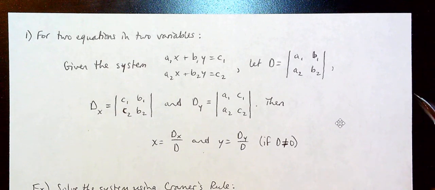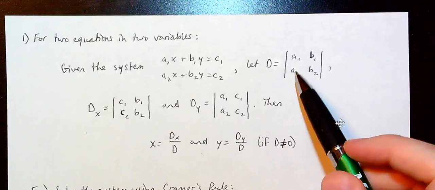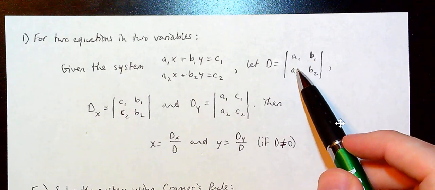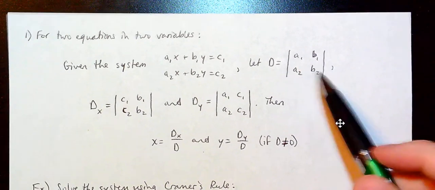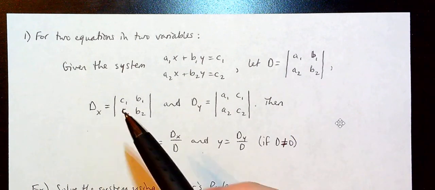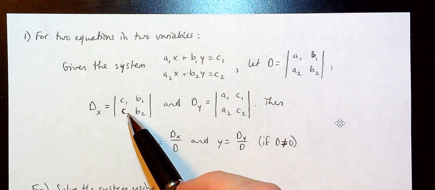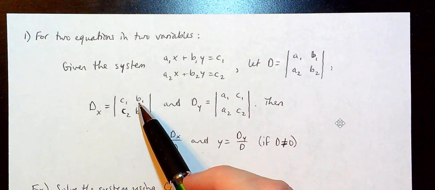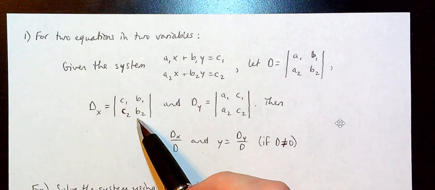And we're going to find a few determinants of some 2 by 2 matrices here. We're going to find D, which is the determinant of the matrix with the elements a1, b1, a2, b2. We have D sub x, which is the determinant of the 2 by 2 matrix c1, b1, c2, b2.